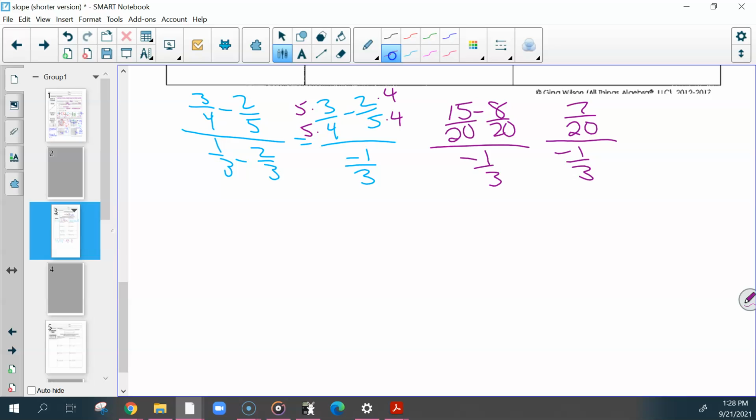So in math, in general, we don't like that. Don't like the way that looks. So to get rid of that, we multiply by the reciprocal of the denominator. And because it's still one big fraction, what we do to one part, we have to do to the other.